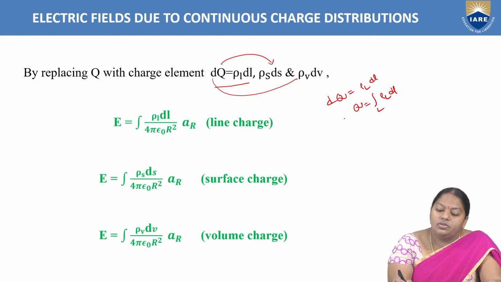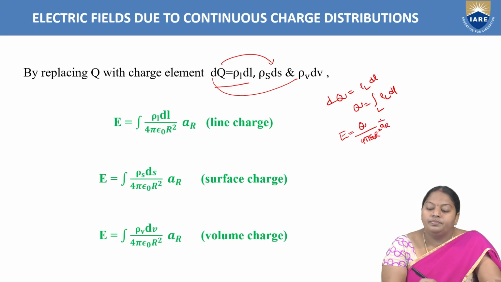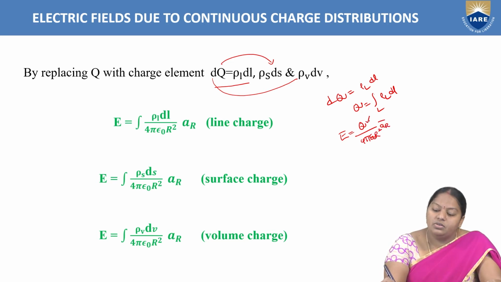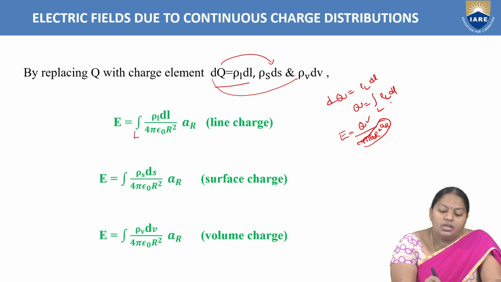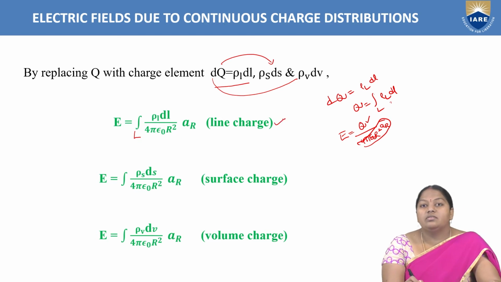Now if we substitute in the generalized equation for electric field intensity that we have just discussed, E equal to q by 4 pi epsilon naught r square into AR, then in place of q we substitute the line integral of rho L dl, and the rest is the same except q is replaced by this. Hence E equal to integral over L of rho L dl by 4 pi epsilon naught r square into AR, and this is for line charge.